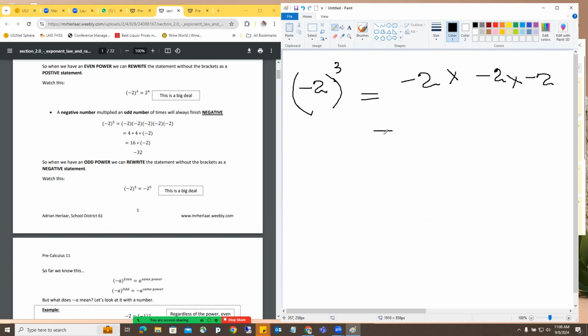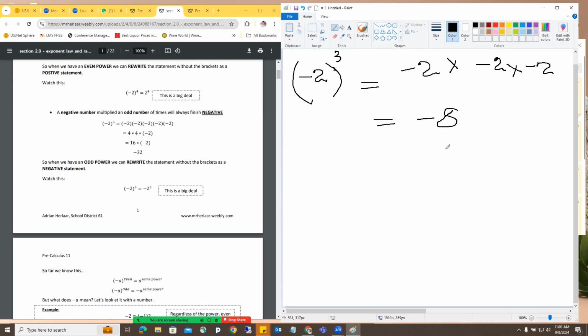The final answer is -8. Is it clear? Okay. So in these situations we get a negative answer: a negative number multiplied an odd number of times will always finish as a negative number.